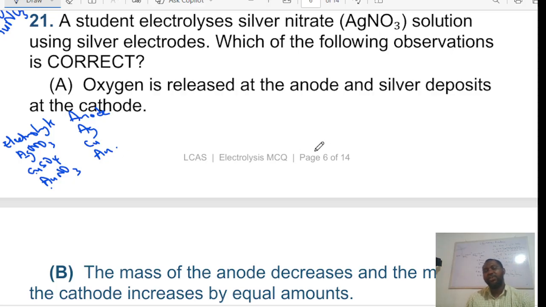Whenever you have a situation like this, they have something in common. All of them are lower than hydrogen in the electrochemical series.